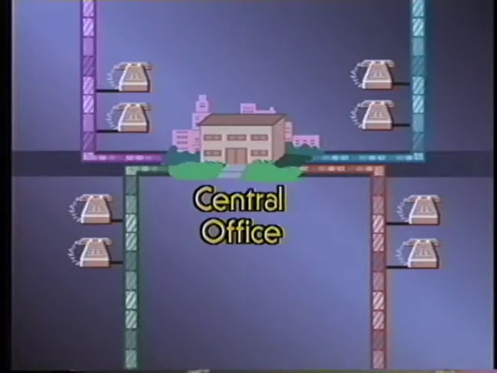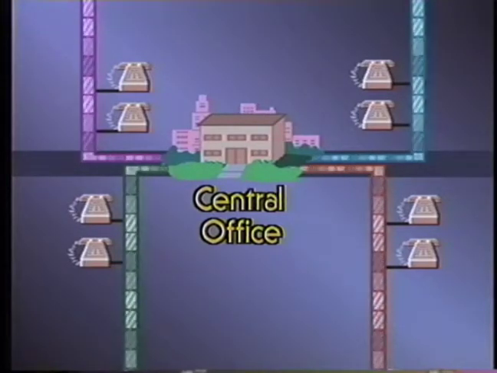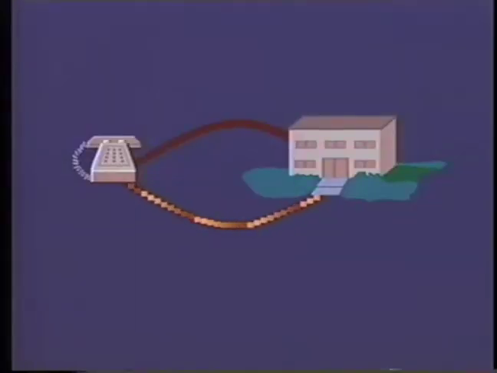The central office is the location where the calls in an area are switched. Electricity flows on one wire from the central office to your telephone. It then flows back to the central office on the other wire to complete a circuit. These wires are sometimes called the tip and ring wires.